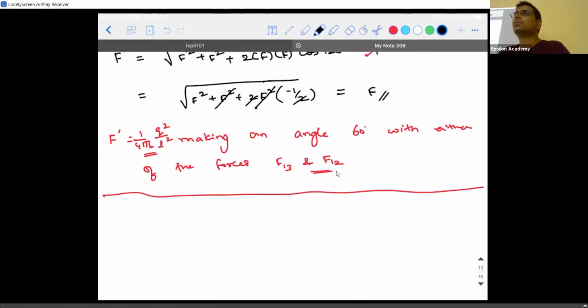Surya, what is the doubt? Clear? Angular bisector, same force, no? I gave you a statement: if two forces are of same magnitude, the angle between the resultant and either of the vectors is 30.